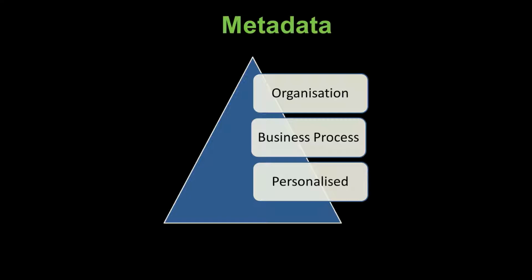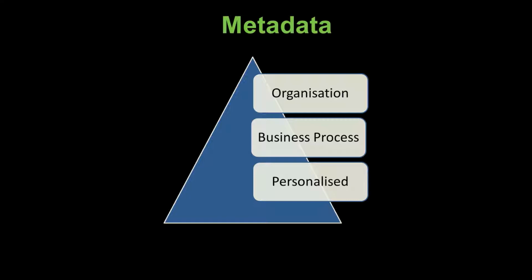So organizational metadata is really what we refer to as controlled metadata. This is common metadata that we would like and we need to be assigned to all documents or all information within the system, no matter what type of information it is. And usually this metadata would be a construct of what users would add or what records managers would add and what the system itself would provide.